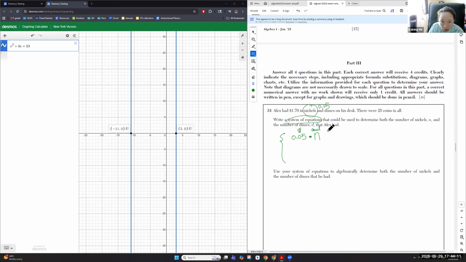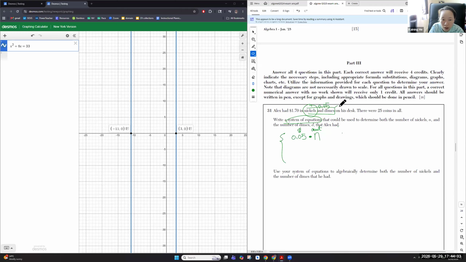The amount is equal to $1.70. So this is the total dollar. Oh, sorry, nickels and dimes. We're not done yet with the total. $1.70 worth of nickels and dimes. So let me circle that together.